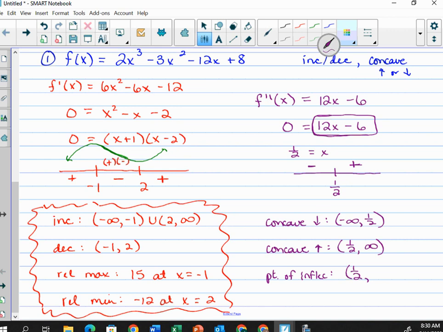I know you love plugging in a fraction, but it's not too bad. Into the blue, yes. So 1/2 cubed is 1/8 times 2. Okay. Minus 3/4, right? Plus 8, yeah.